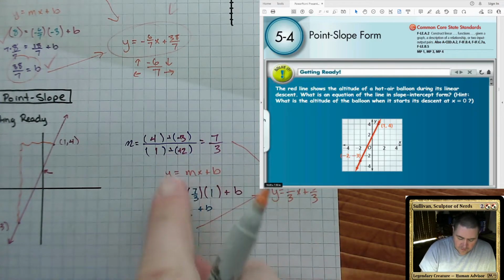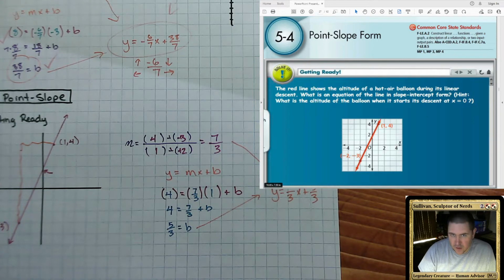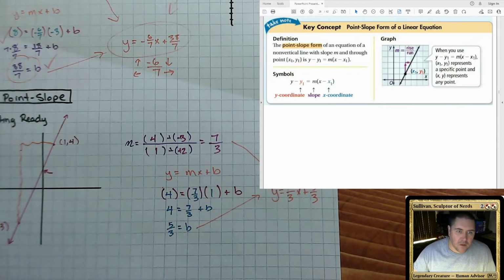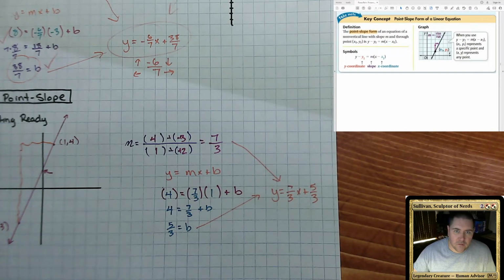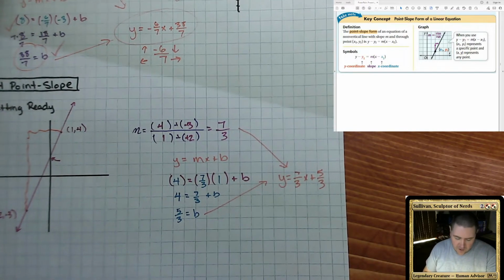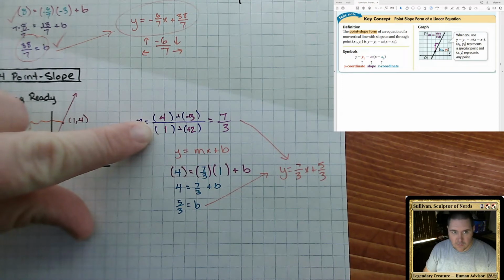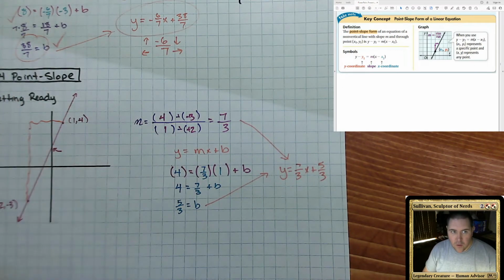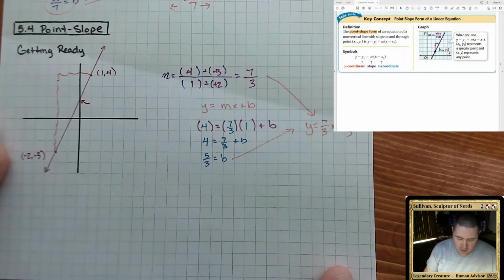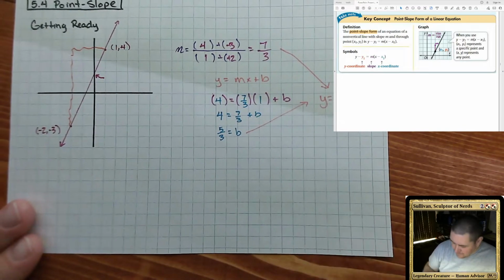Now, this process can be streamlined, and that's what today is about. See, it's right there. So in this area over here, I'd like you to write down, if I take this idea of here's a slope, here's points, and I kind of rearrange it.